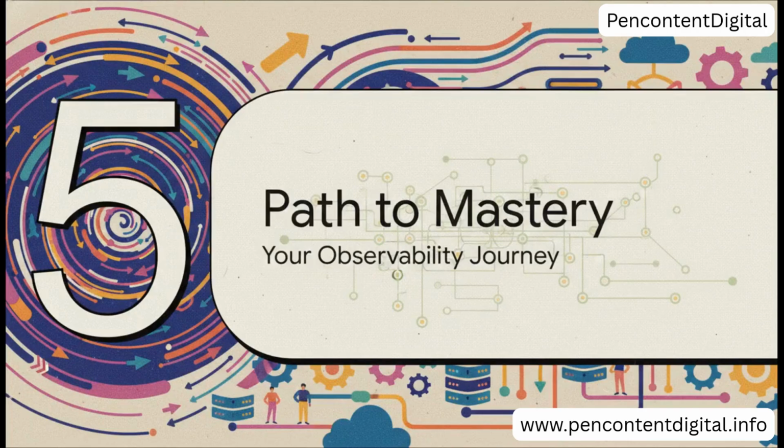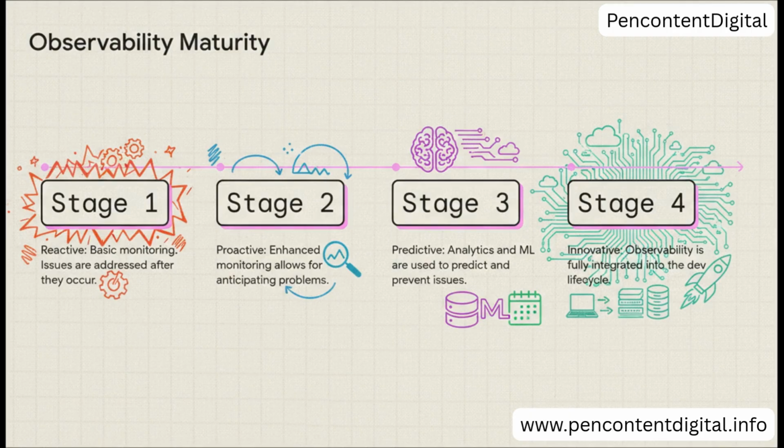All right, let's zoom out for a second. We've talked about some amazing tools, but I want to be clear. Mastering observability isn't just about installing some software. It's really a cultural shift. It's an evolving practice, a journey that every organization has to go on. I want you to think of this as a kind of roadmap for that journey. Most teams, and let's be honest, they start at stage 1. They're totally reactive.